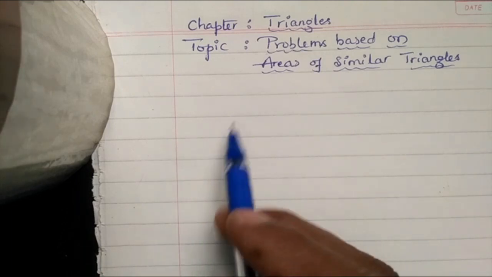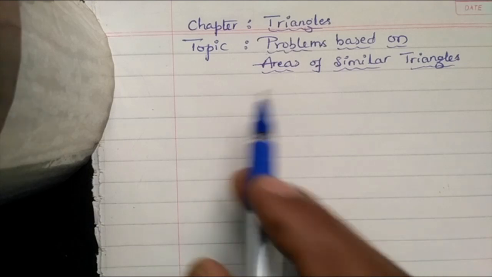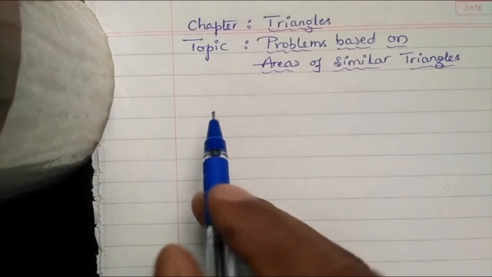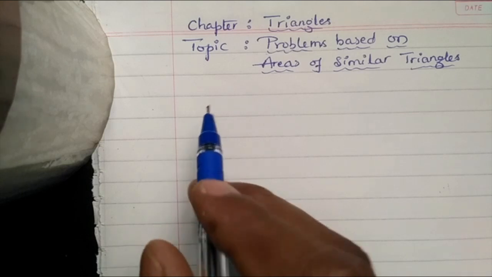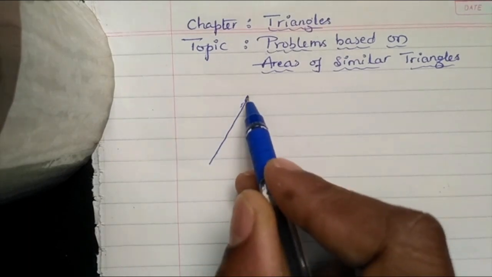Usually we follow three very important levels of the similarity of triangles. As already taught, let us have a brief glance at those three levels once again. Let us take an example.